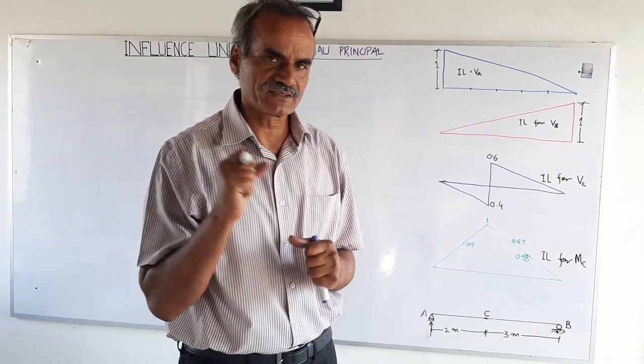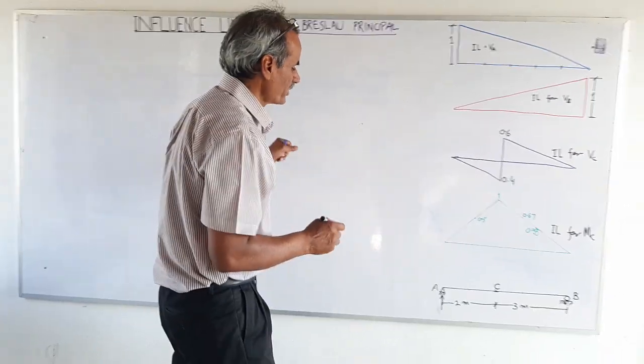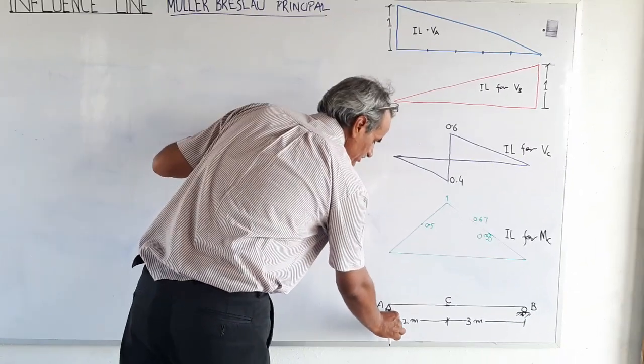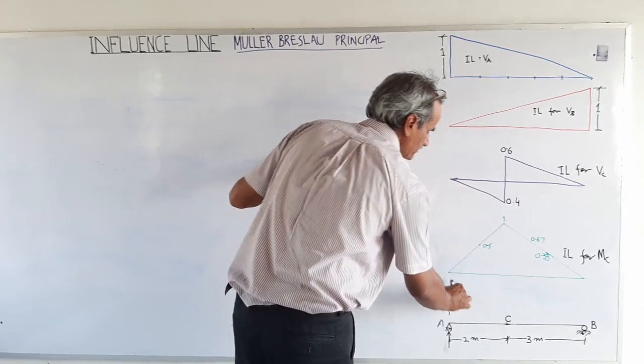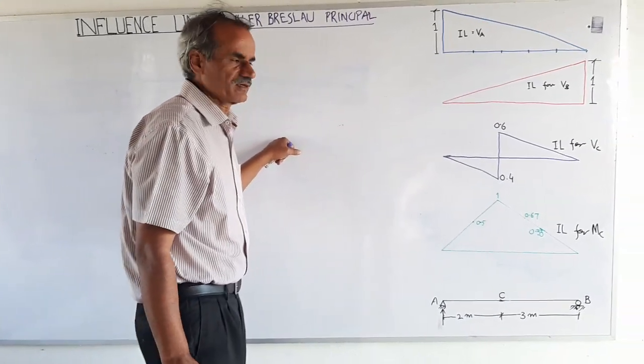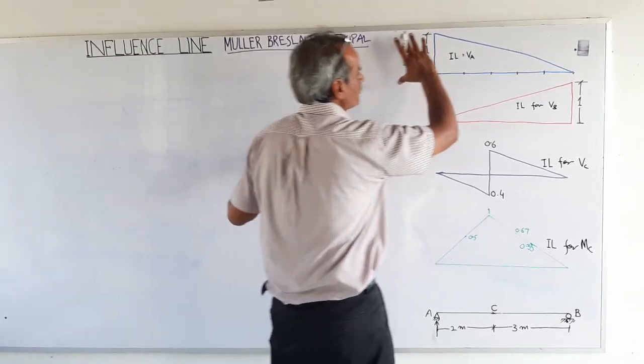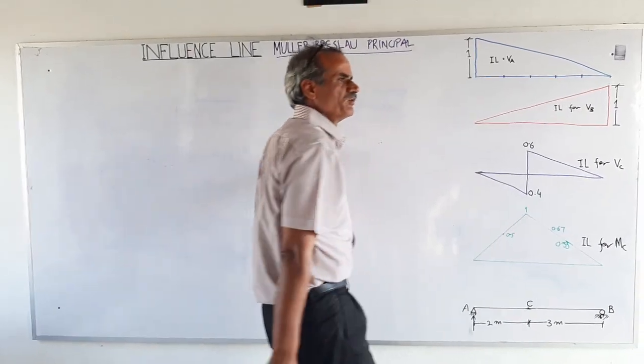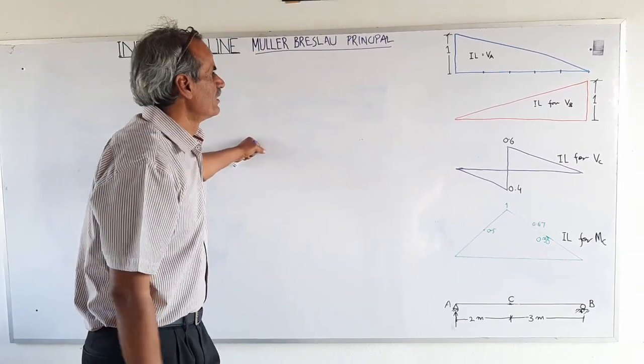Say, for example, the reaction at A is trying to move this beam upward. Now I am discussing this influence line according to the Muller-Breslau principle.